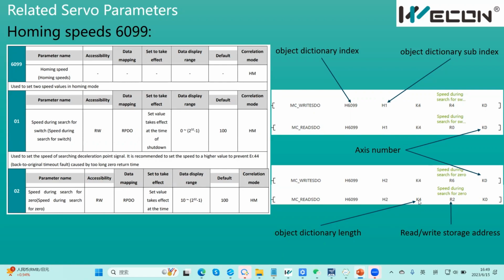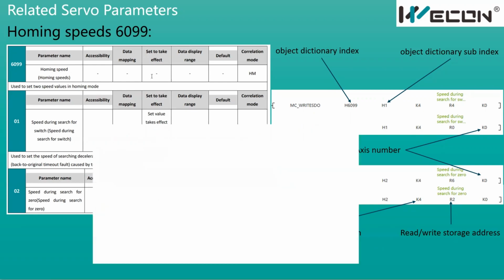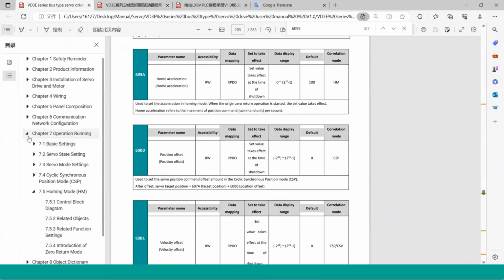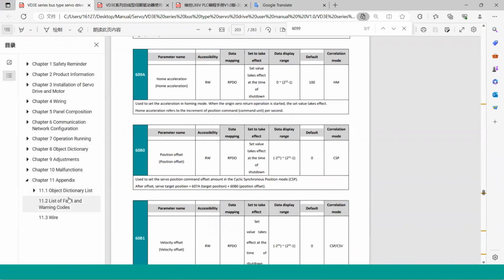The next parameter is the length. For the length, we could also check it in our VD3E menu.